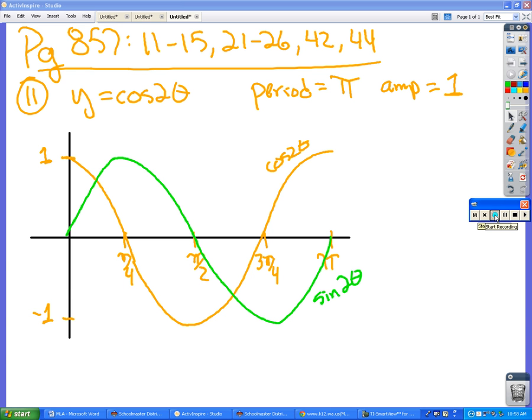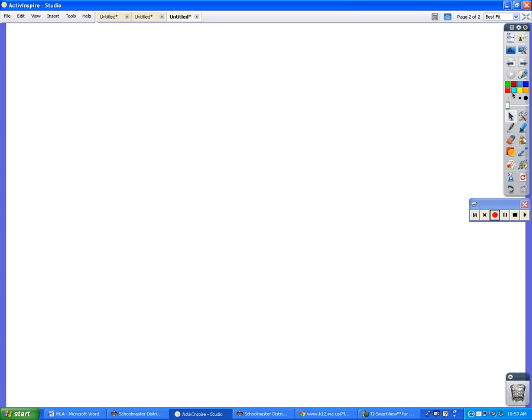So for that one, you need to know, just like we did for this one, what the amplitude and the period are going to be. Okay? And so if it says y equals -3 cosine theta, then what's the amplitude?